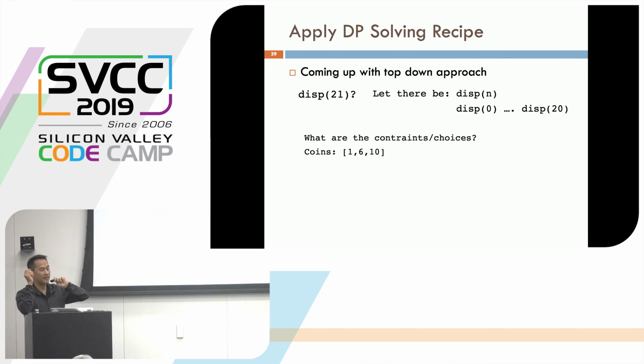How do we solve for DP of 21? Right, the next question you ask is, what are my choices? What are my constraints? In this case, what are our choices? Exactly. And in this case, you want the fewest number of coins, right?